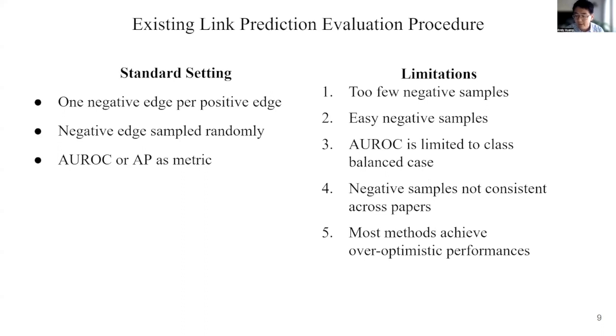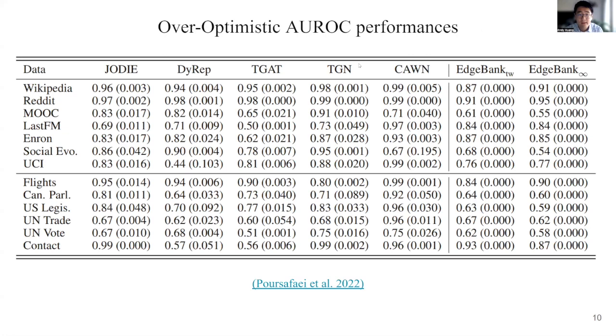And that would make it appear that the problem has already been solved, which we show in this work is not the case, since a lot of the performance of the methods is not even close to being 100%, as shown in the previous work that we'll see right now. So first we'll look at the AUROC performances of the methods.